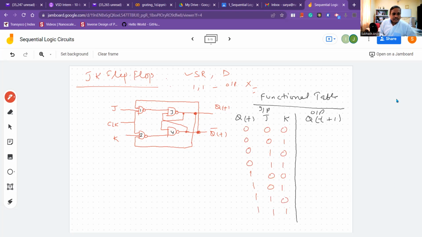Let us check by writing in decimal whether all are okay: from 0 to 7, this is 0, 1, 2, 3, 4, 5, 6, 7. So all numbers are in order.